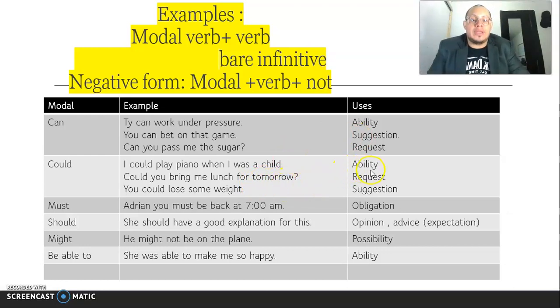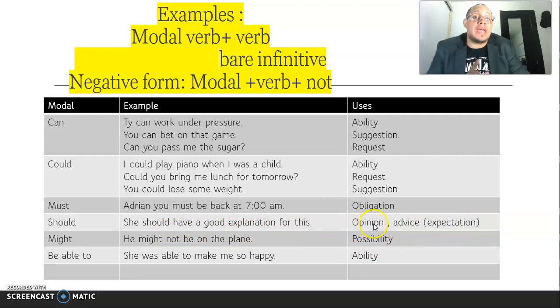However, I could do it. It expresses ability. Let's talk about something as a suggestion. You could lose some weight. Avoid saying that. However, that's a suggestion, and if you notice, that's a modal verb implying it. And she should have a good explanation for this. That's an opinion and advice.